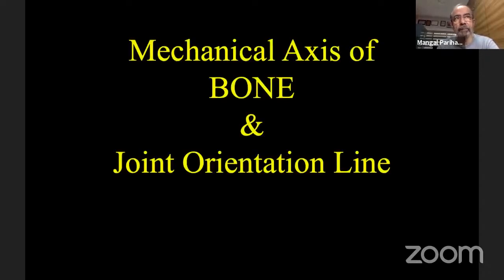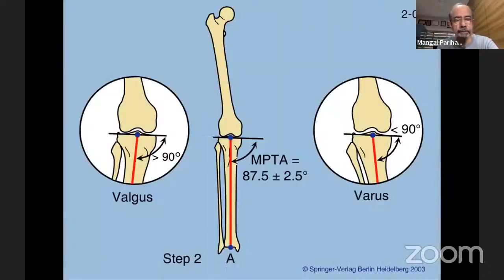So we then come down from the mechanical axis of the limb to studying the mechanical axis of the individual bone, the femur as well as the tibia. That also gives us the joint orientation line of that particular bone.